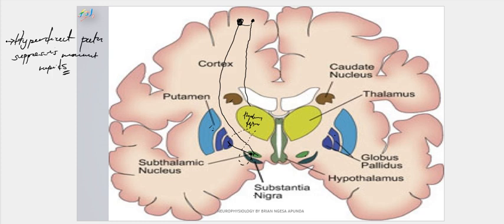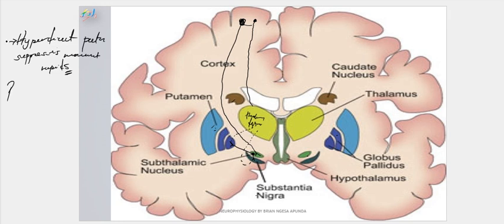So as an extension to the pathology, it will be very important for us to acknowledge some of the clinical circumstances that you can anticipate whenever we are having an issue with the basal ganglia. I'll just mention two. We have Parkinsonism or Parkinson's disease.